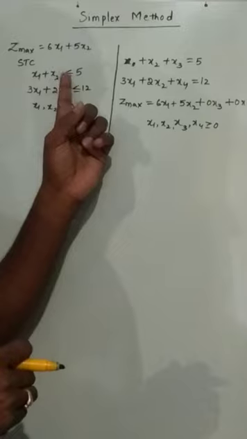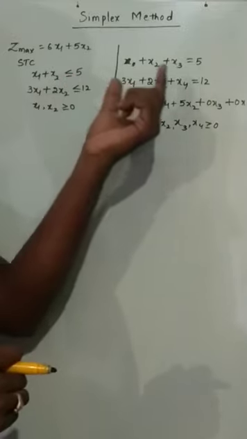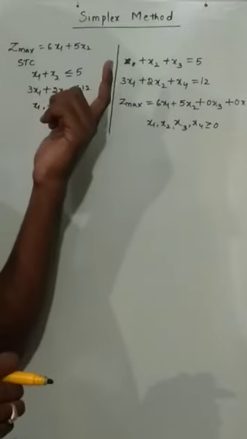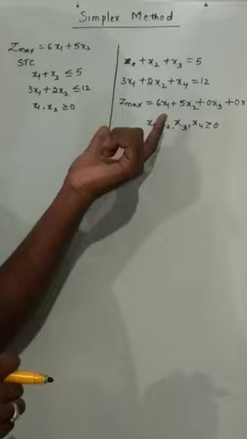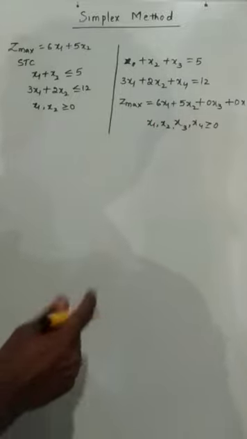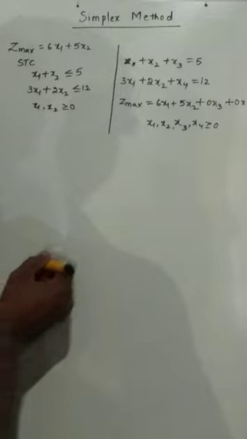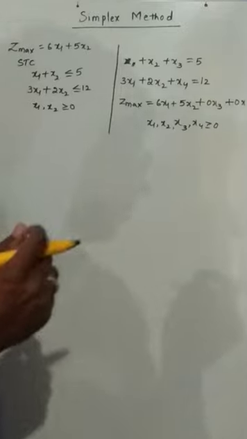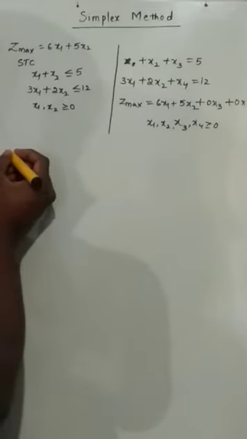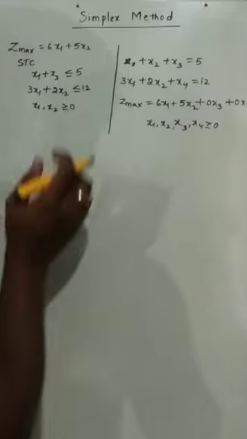If the inequality is greater than or equal to, then we use a surplus variable, or we can also call it a negative slack variable. In this case I'll add the positive slack variable in order to convert the inequality into an equation.